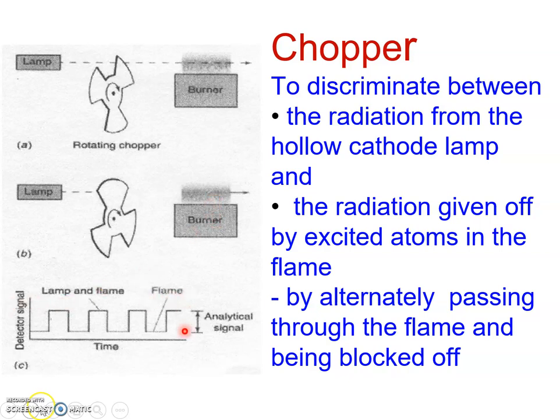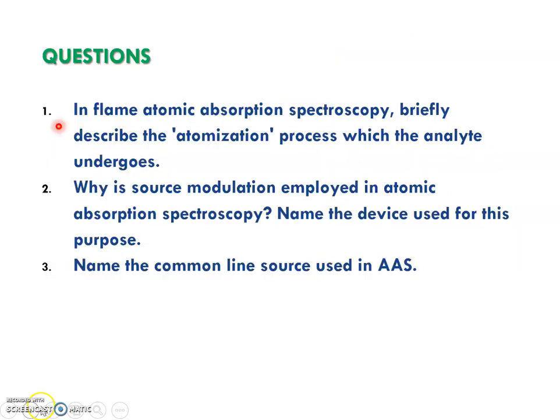So we can get this kind of graph. This is radiation from the flame. This is radiation from the flame plus lamp. And the difference between flame and lamp plus flame is the analytical signal. So that is why source modulation is important in flame atomic spectroscopy.